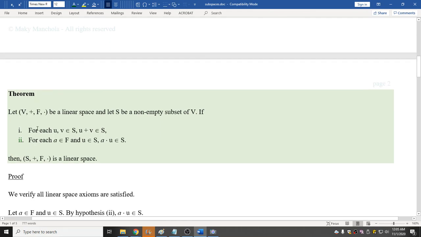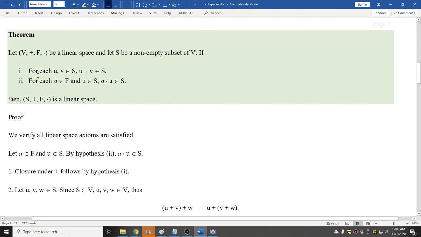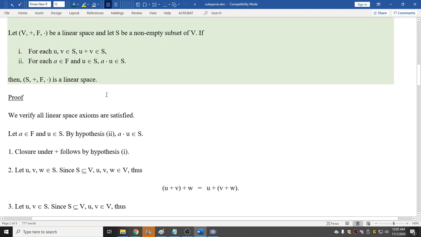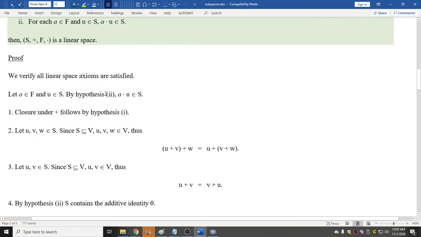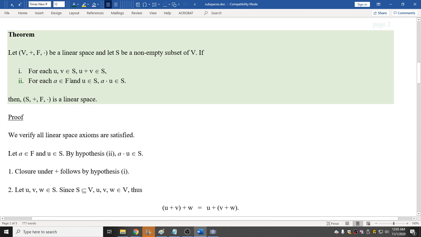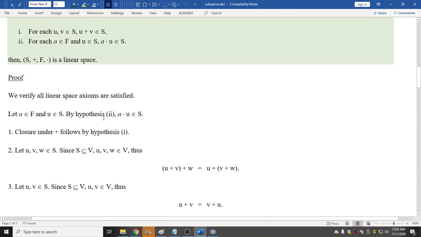Okay, so I'm going to quickly run through the proof. If you tell me that the structure with S is a linear space, you are telling me that all properties of linear spaces are satisfied. As you can see, the only ones that end up mattering are these two. Everything else is inherited.